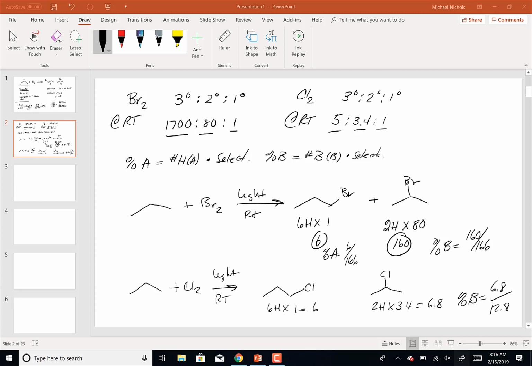So the bromination is going to occur almost exclusively at the tertiary position. So this formula of multiplying the number of hydrogens by the selectivity is how we can estimate what the major product is. And like I said, I will always give you these selectivities on the exam and the final exam.